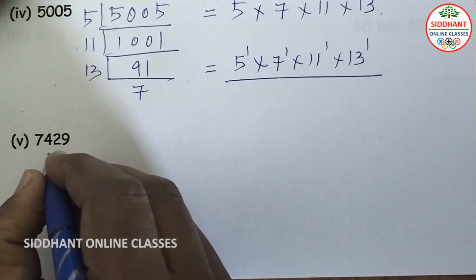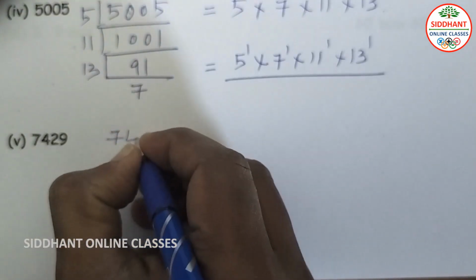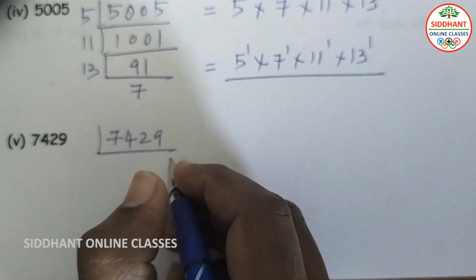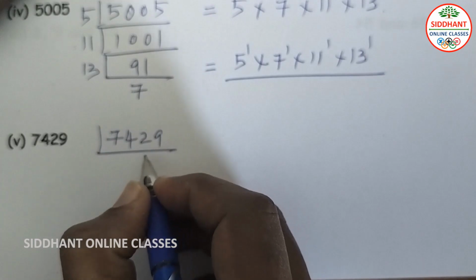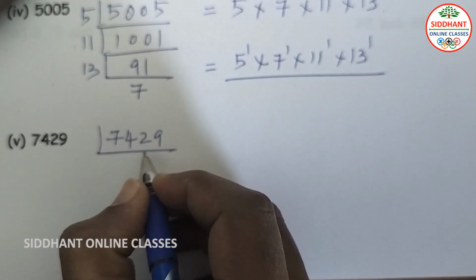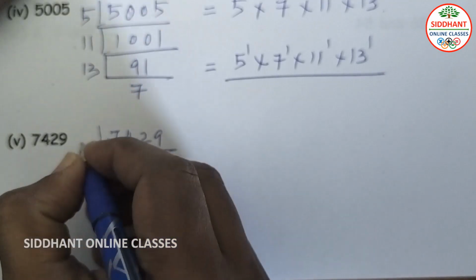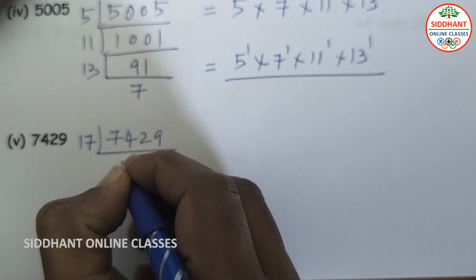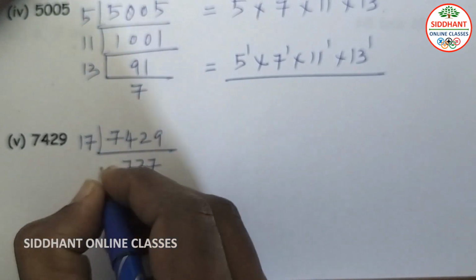Next number, 7429. It doesn't divide by 2, 3, or 5. After trying the numbers, we land at 17, and we get 437.